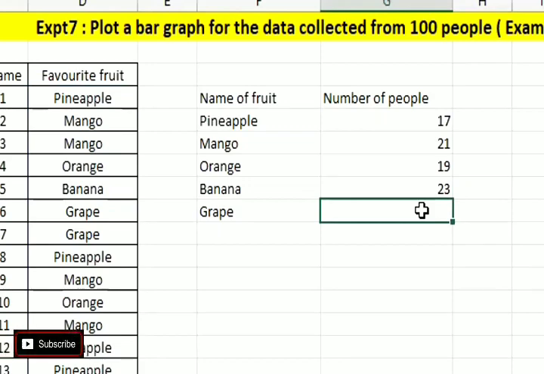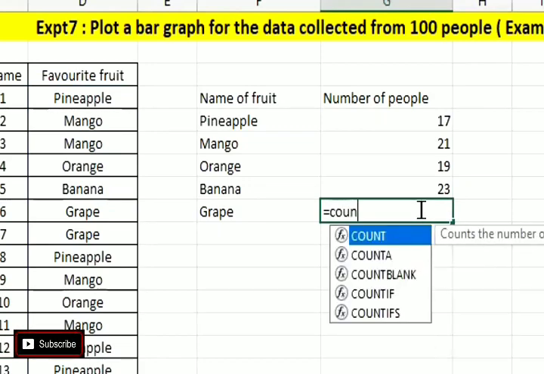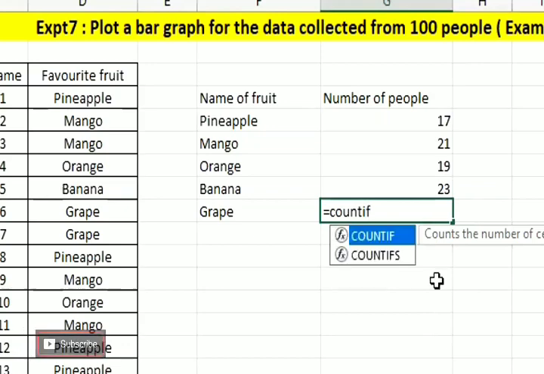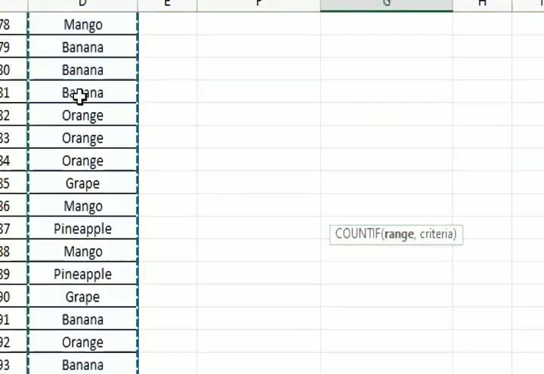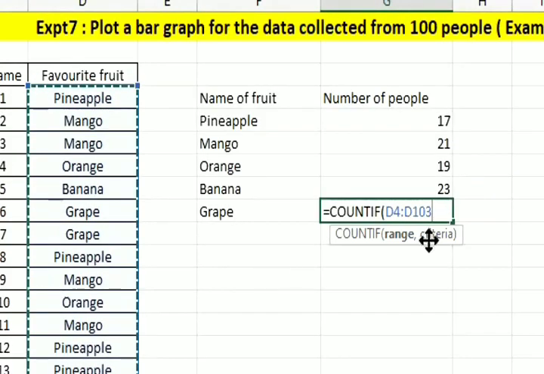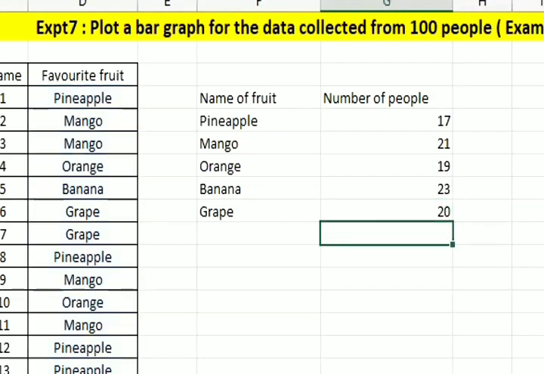So last one is grape equals to COUNTIF, next select the range, then comma, double inverted comma, then the last one is grape. So complete the bracket, so enter.